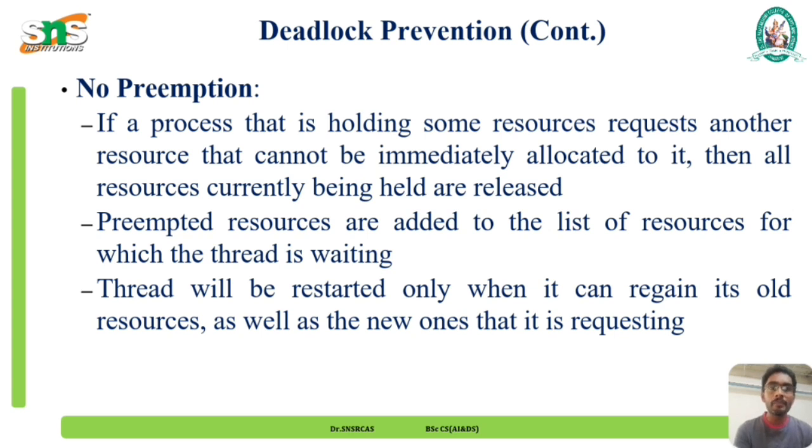That kind of policy is preemption. If there is preemption, the resources can be released immediately whenever the request arises. If there is no preemption, the resources will never be released until the process completes its task. It will be restarted only when it can regain its old resources as well as the new ones that it is requesting.